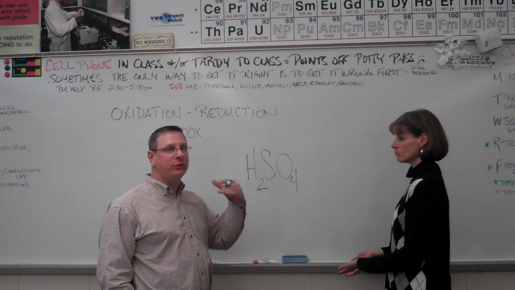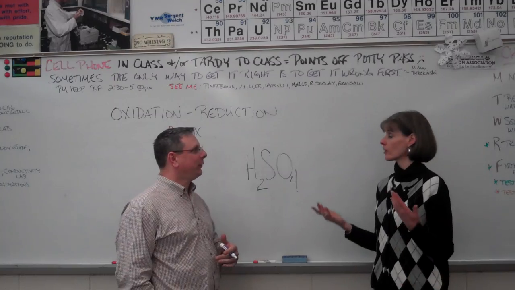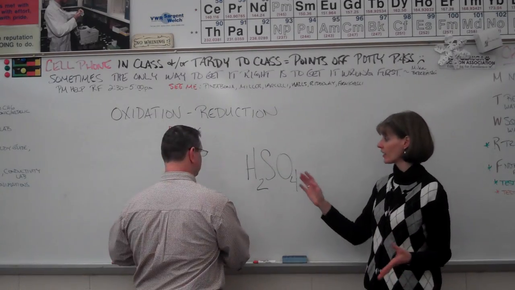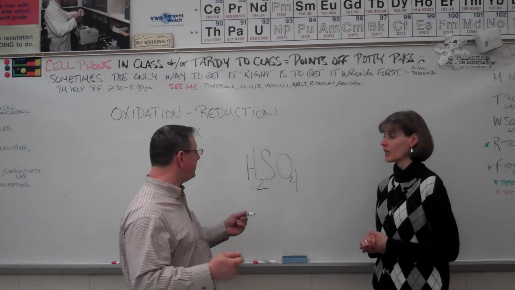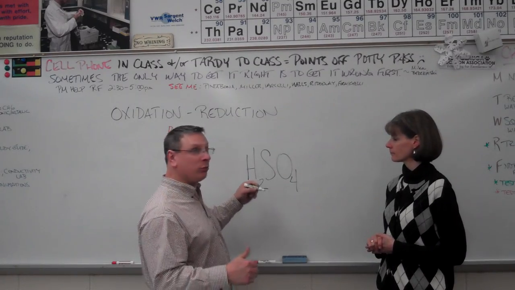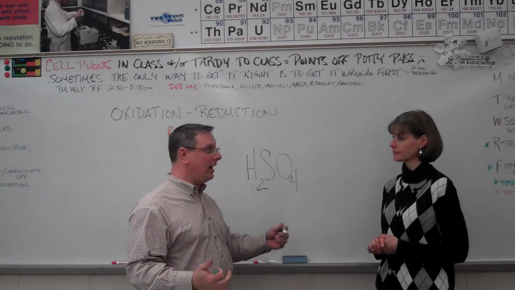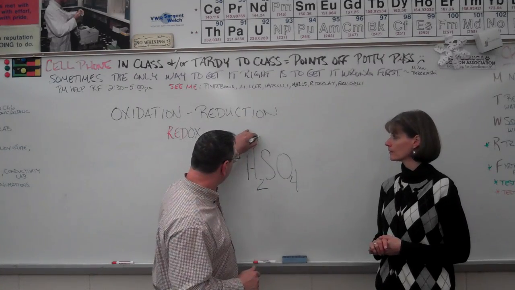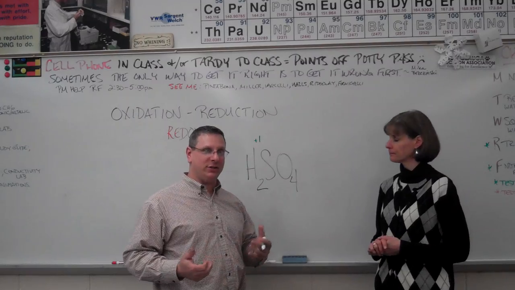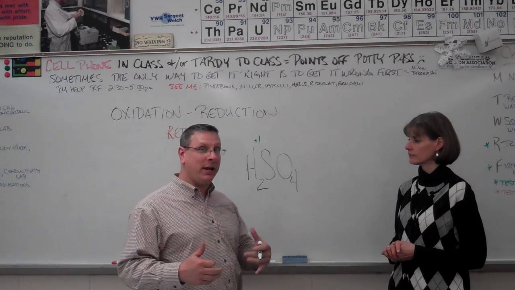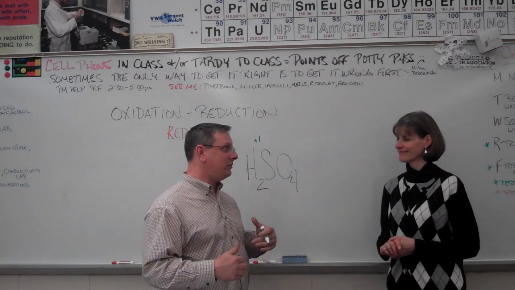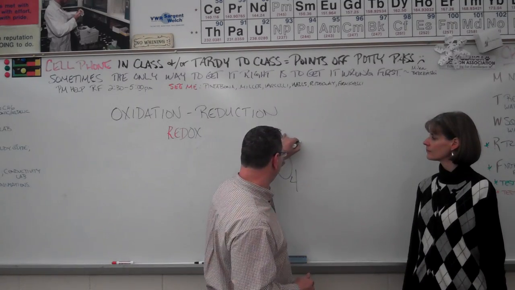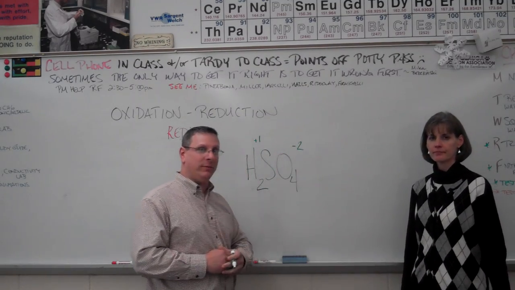We know that there are special rules for hydrogen and oxygen, so it's very convenient that we have hydrogen and oxygen in here. Rule number 2 says that 99.9% of the time, hydrogen is a +1 oxidation number. And rule number 3 says 99% of the time, oxygen is a -2 oxidation number.